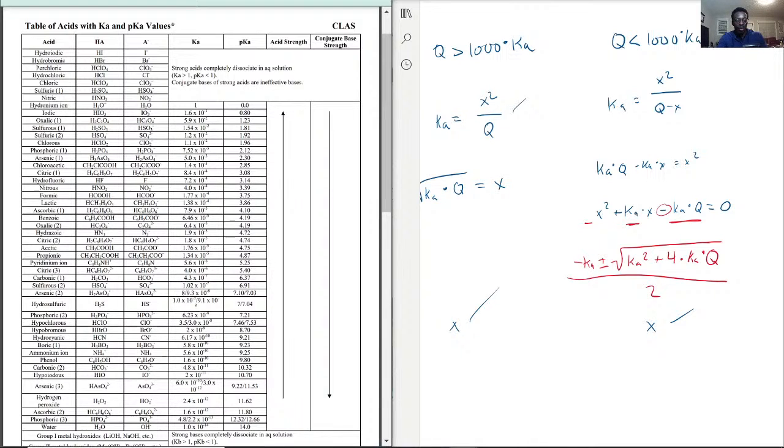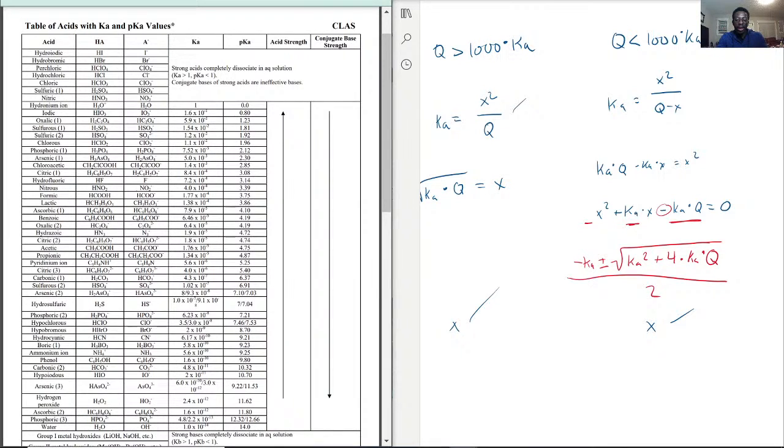And we want to square that because that's what we do. And then we're going to add plus 4 times 8.4 times 10 to the negative 4 times Q, which we had was 0.25 because that was the moles per liter. Okay, and then we square root that.